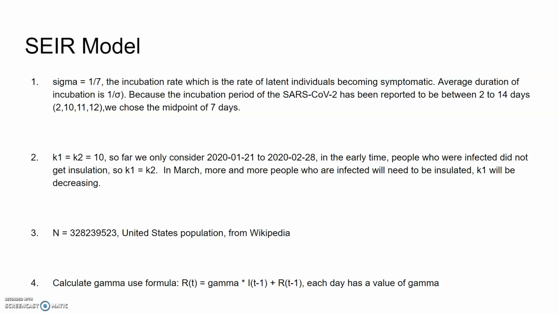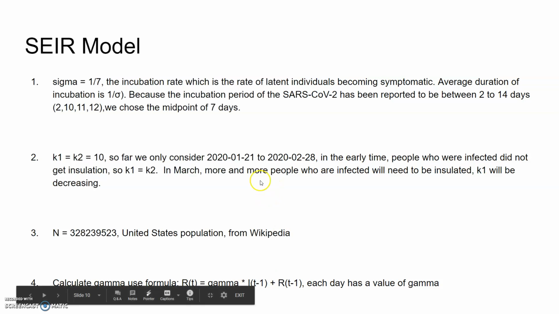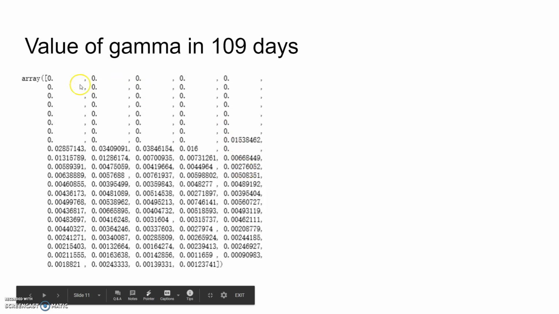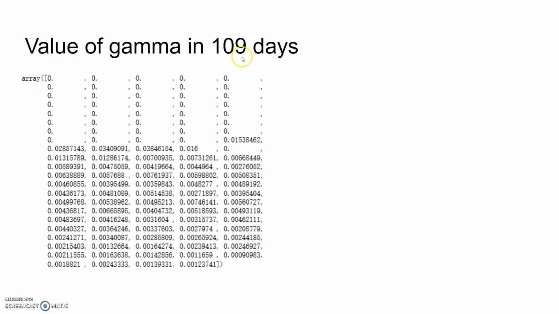So we can calculate gamma. Each day has a value of gamma. In this picture, we calculate gamma for 109 days.